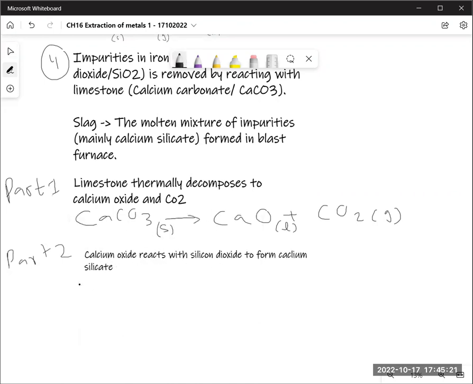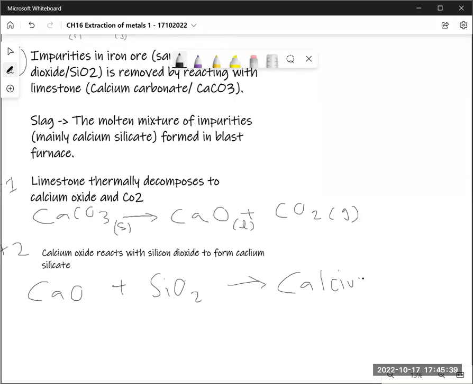The equation for this is CaO plus SiO2 gives us calcium silicate.